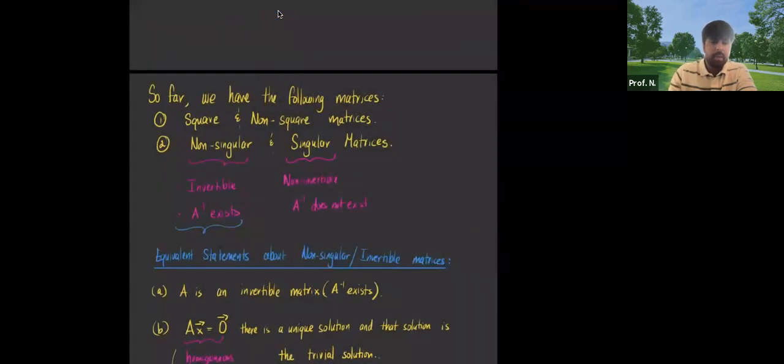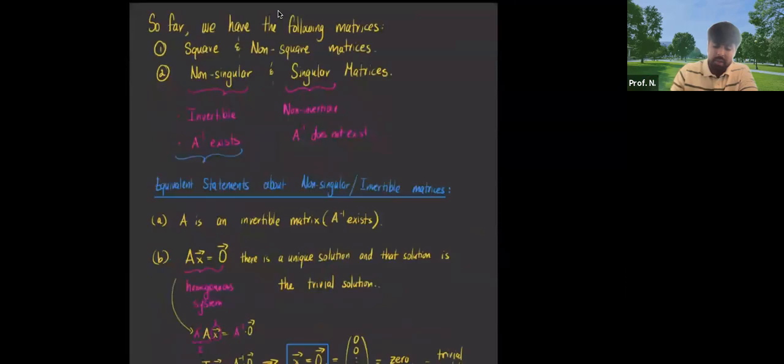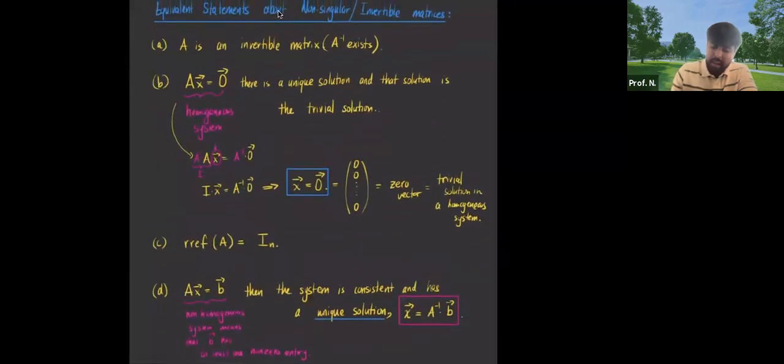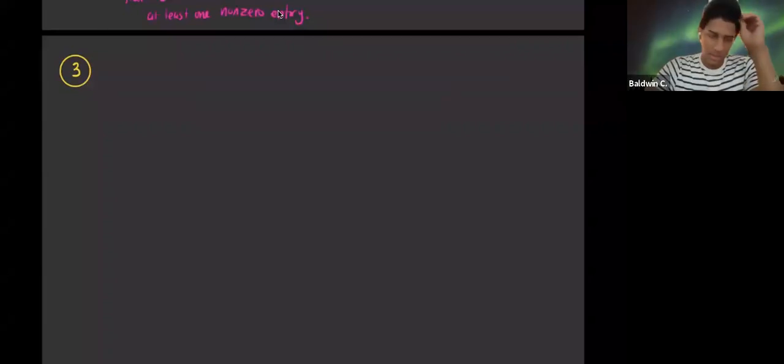Okay, so we talked about square and non-square matrices. We talked about non-singular and singular matrices. What other kinds of matrices have we discussed? Symmetric matrices.